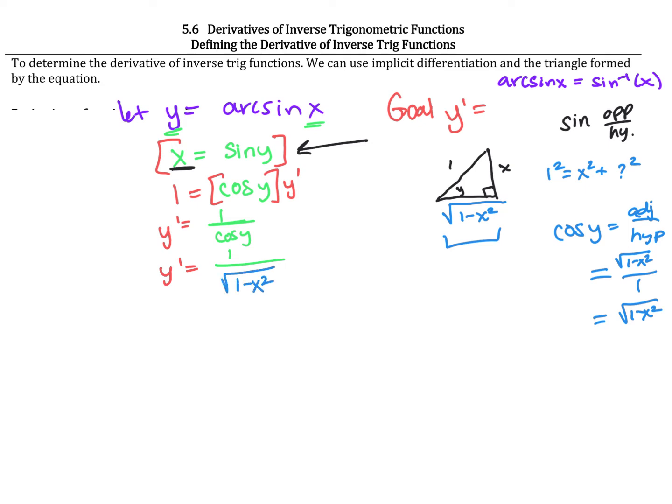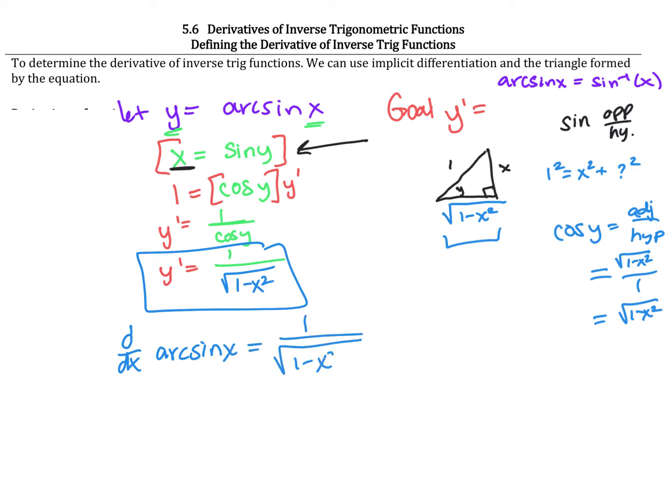So this is our derivative of arc sine. We could write d dx of arc sine of x is equal to 1 over the square root of 1 minus x squared.